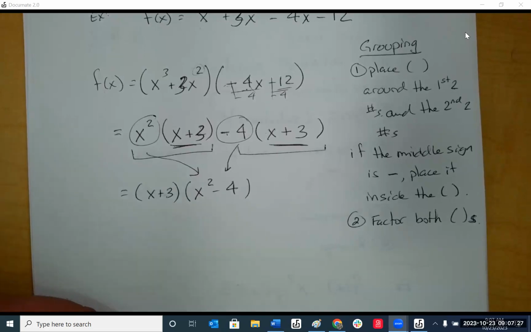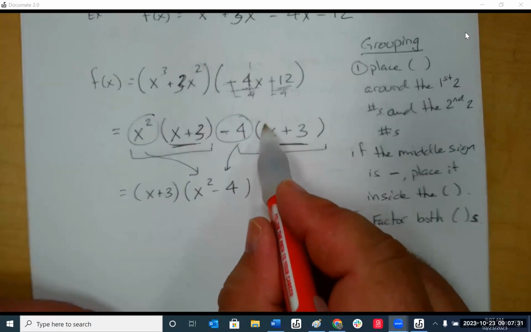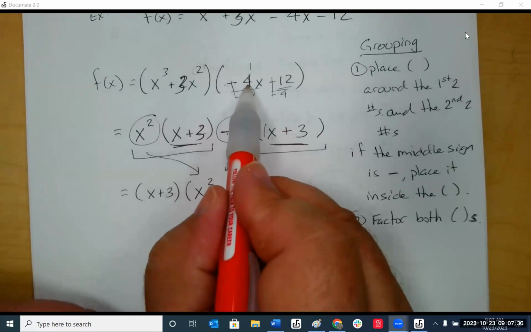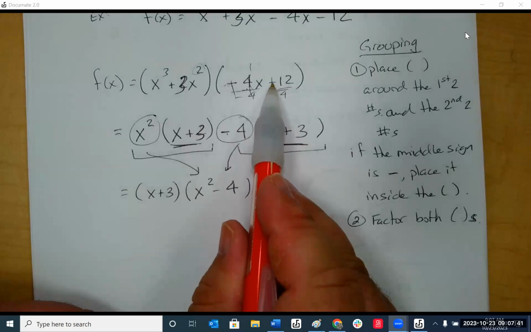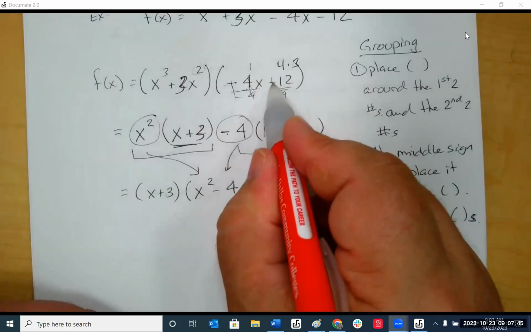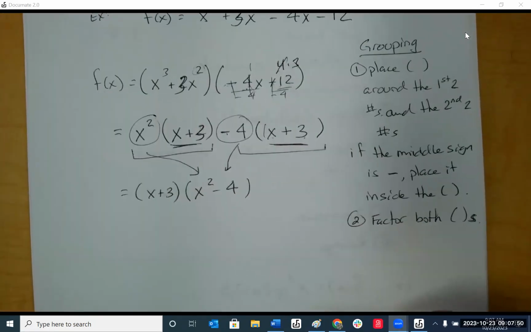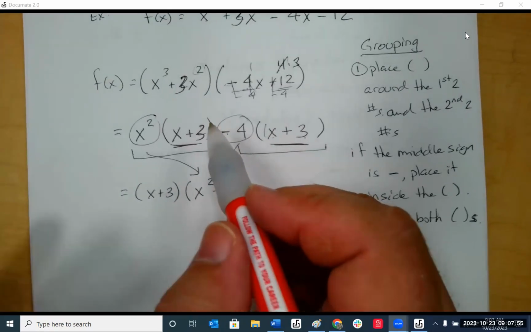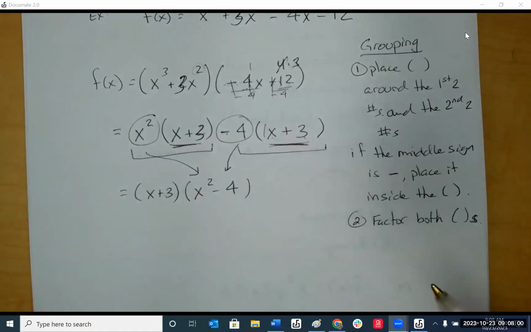Right. Well, the 4's cancel. There's 1 in front of the x. We took out the negative and the 4, leaving just x. We took out the negative. 12 is 4 times 3. We took out the negative and the 4, leaving just 3. Yeah, so whenever it's negative, it's a different story. Because once you take out the negative, both signs inside here change.